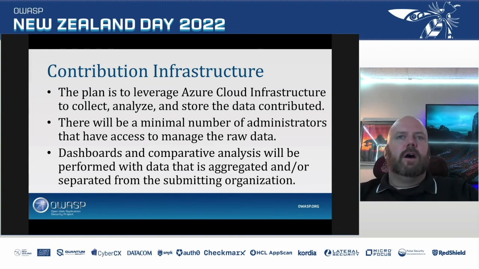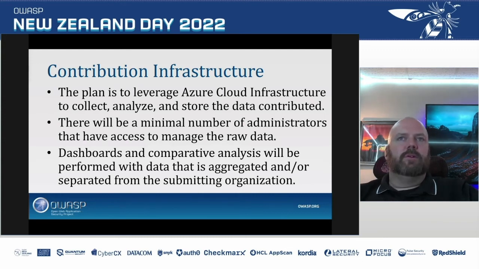The idea is we understand it's sensitive for organizations to have their data in a central pool. So the idea is to separate the identification of the organization from their actual data.